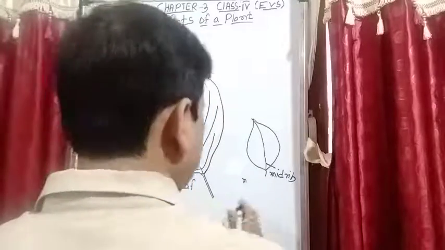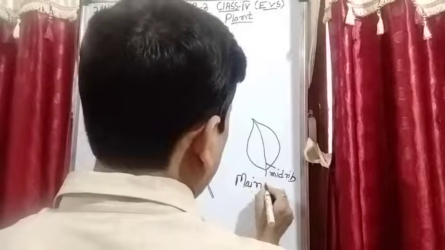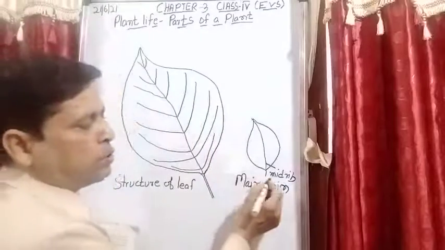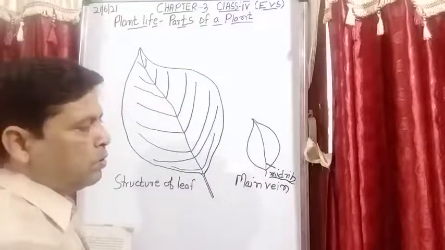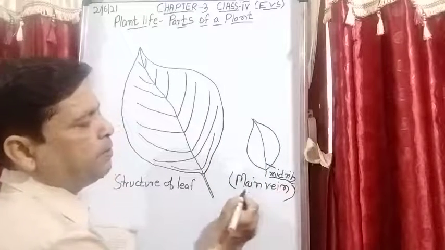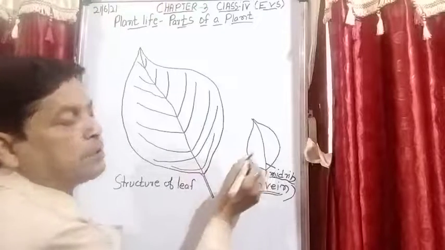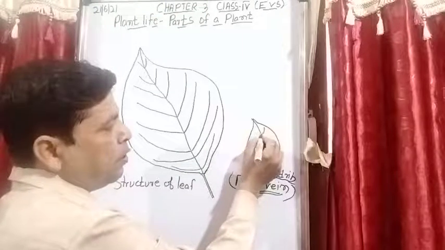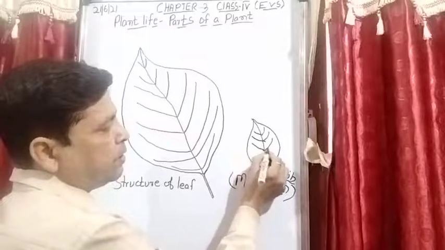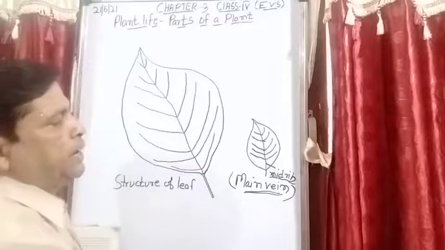or we also can say main vein. Okay? You can also say mid rib, the one in the center, or you can also say it as a main vein. Main vein. Okay, and you see with this main vein, side veins are attached.